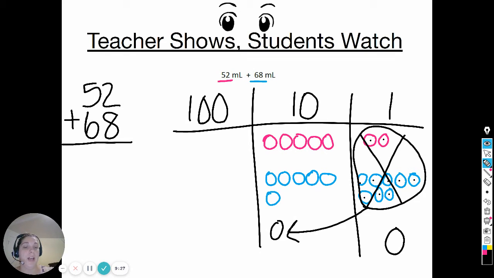There's no more ones left. Now, over on my standard algorithm problem, okay, I did 2 plus 8, which equaled 10. So here's the 1 that I moved over to the tens place, which is this one here. And here is the 0 that's left in the ones.